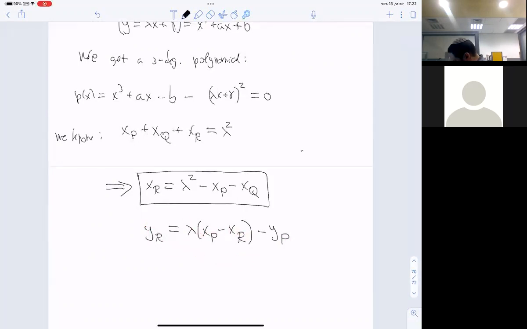Okay, so this is how we find R, and then we do minus y in order to get the reflection. So this is when P and Q are distinct.